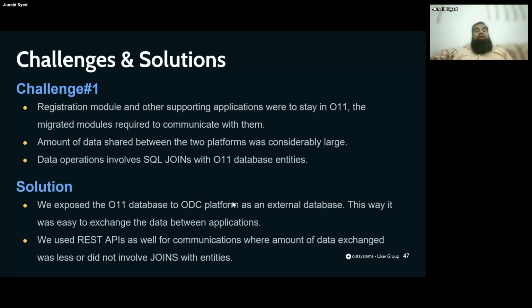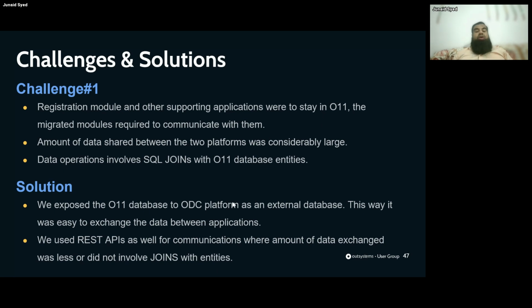The amount of data shared between the two platforms was a lot, right? The compliance domain was providing some data to the O11 environment, or taking a lot of registration information from it, so this required exchange of data between the two platforms.